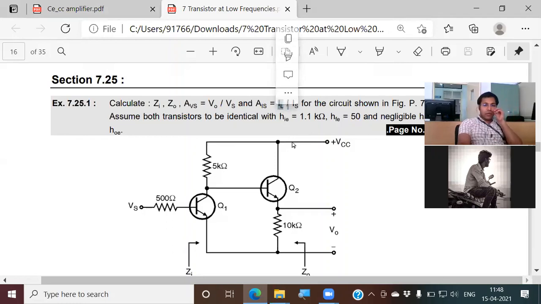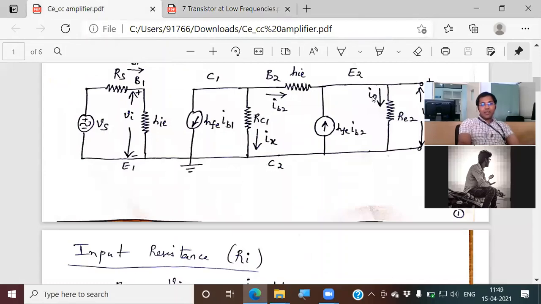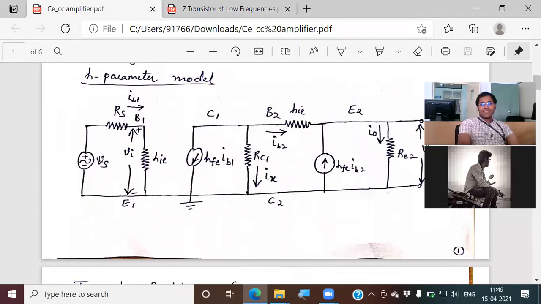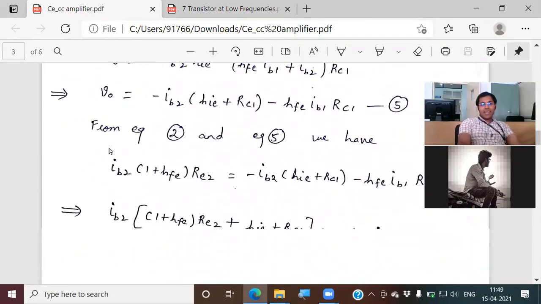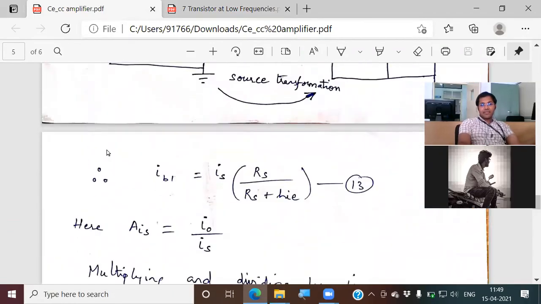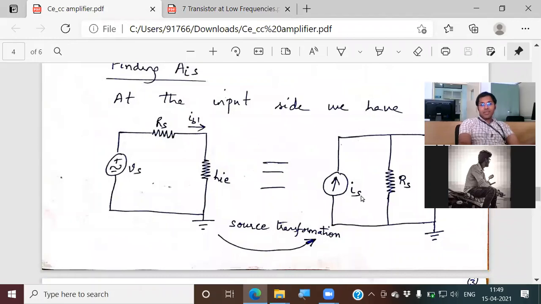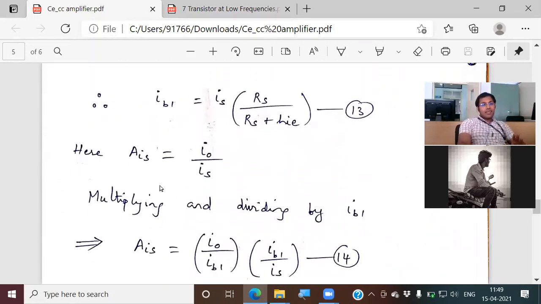You should be broad-minded. You know what is AIS? The output current divided by the source current. What is the output current? I naught. Source current I can't see here, only Vs I can see, so I will take the equivalent circuit. Here I can see source current. So AIS will be I naught by Is.